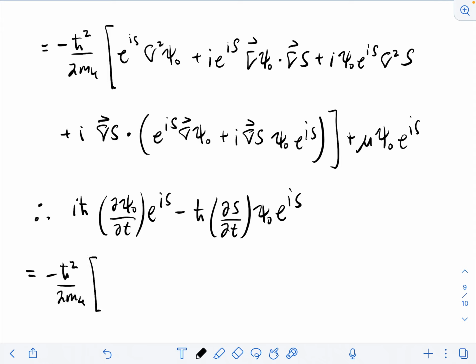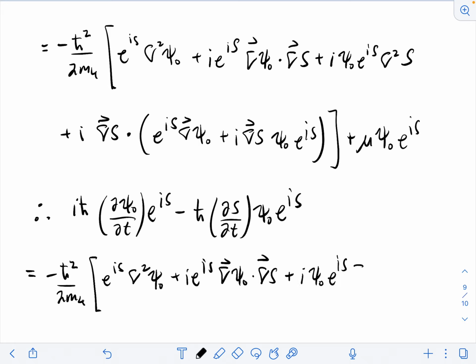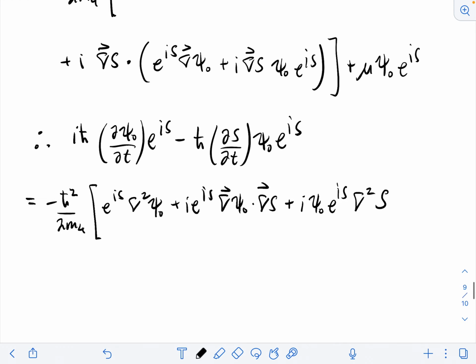e to the is del squared phi 0 plus i e to the is gradient of phi 0 dot with the gradient of s plus i phi 0 e to the is del squared s plus. Okay, so now here's where we're going to distribute this term a little bit. So we're going to get i e to the is gradient of s dotted with the gradient of phi 0.